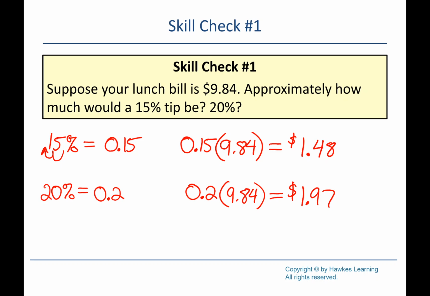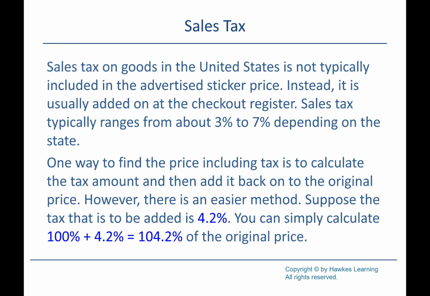The other thing we're going to talk about briefly here, same idea, but we're dealing with sales tax. We can kind of use the same trick to get a mental estimate as with the tipping. So we don't really have to talk about that.